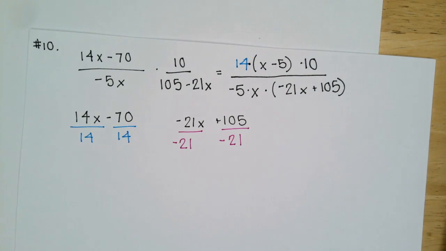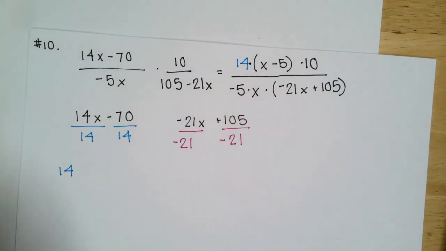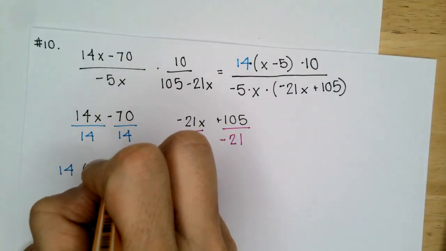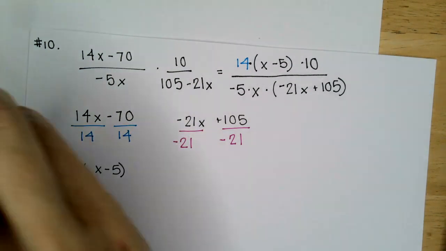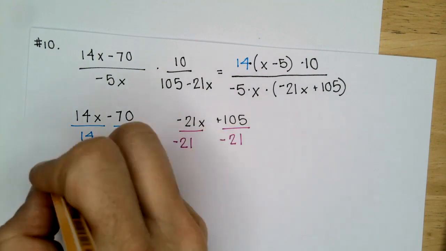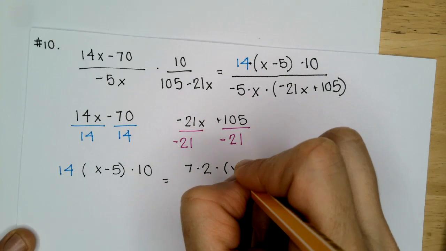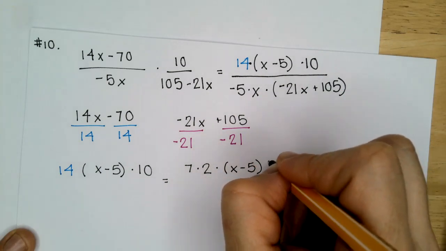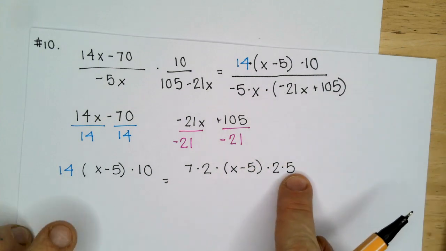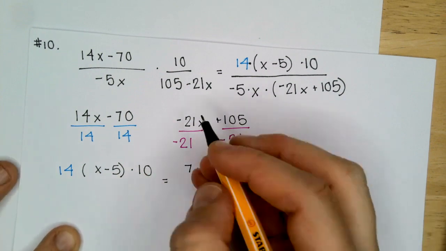So again, I'm just going to bring it down because I don't have very much room. That same 14 times x minus 5 times 10, which we can also easily call 14 is 7 times 2. And then 10 is 5 times 2, right? So the most factored form of 14 is 7 times 2. The most factored form of 10 is 2 times 5.